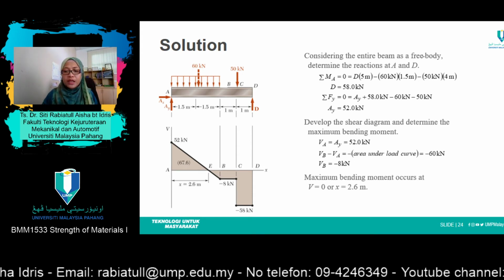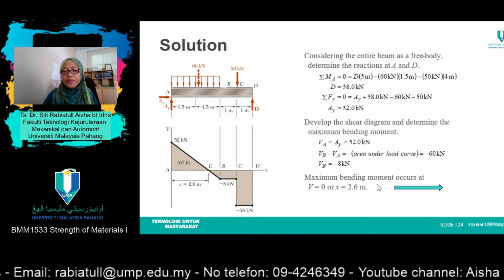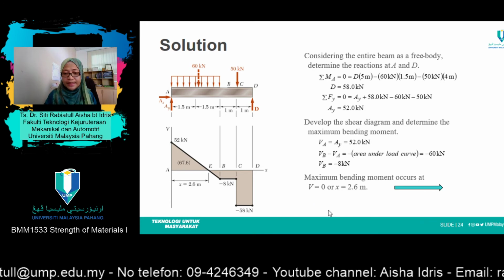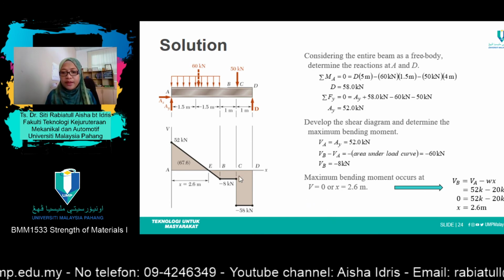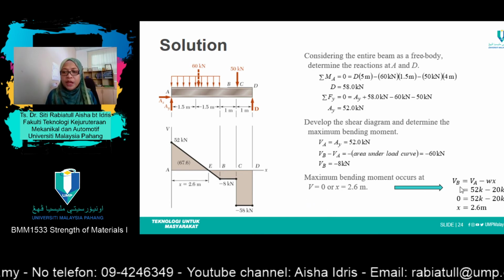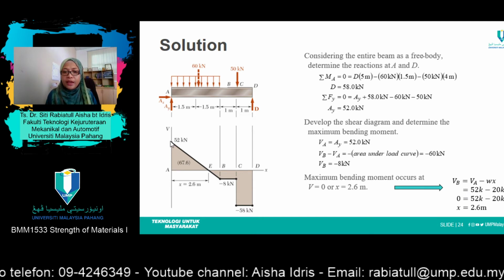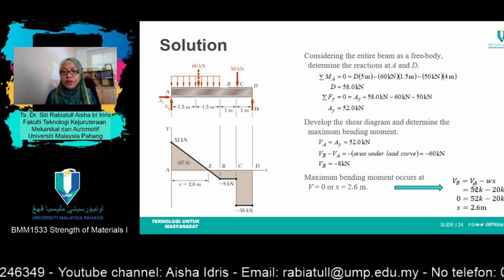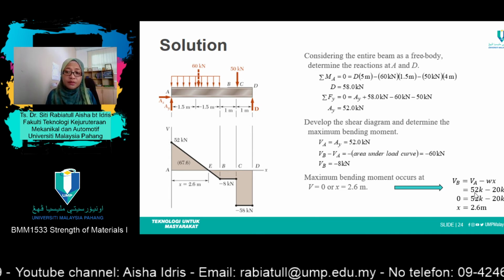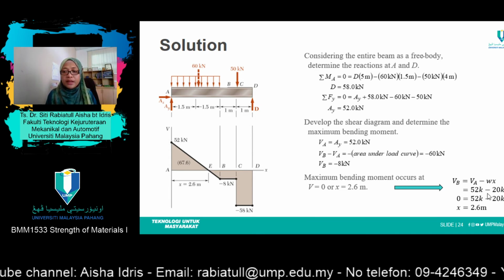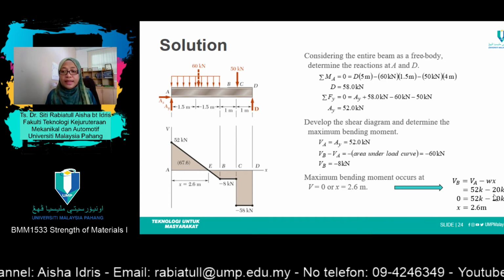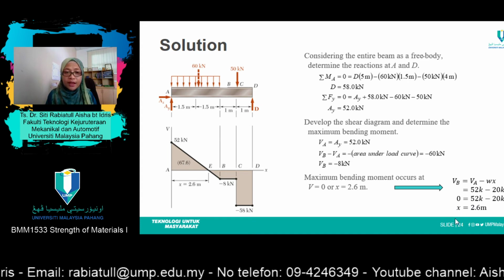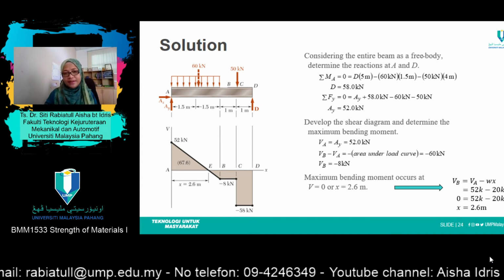How to find the value of x? We know that this is a linear graph, which is y equals mx plus c, right? So for that case, VB equals VA minus wx, the slope itself. We know that VA equals 52 kilonewton minus wx, which is 20 kilonewton times x. And therefore, from there, you'll get the value of x, which is 2.6 meter.